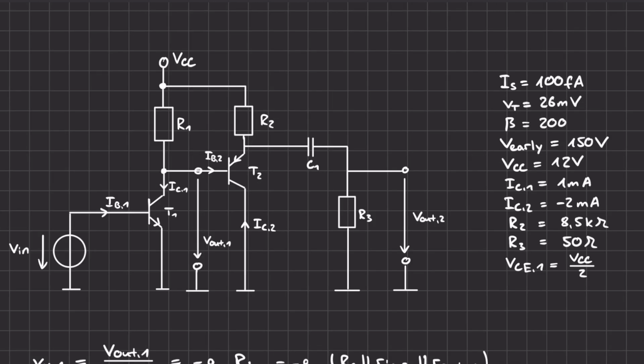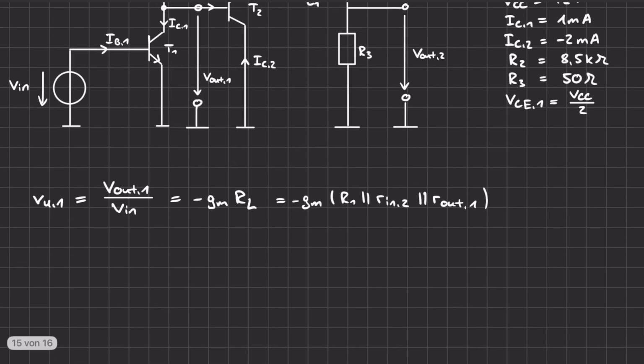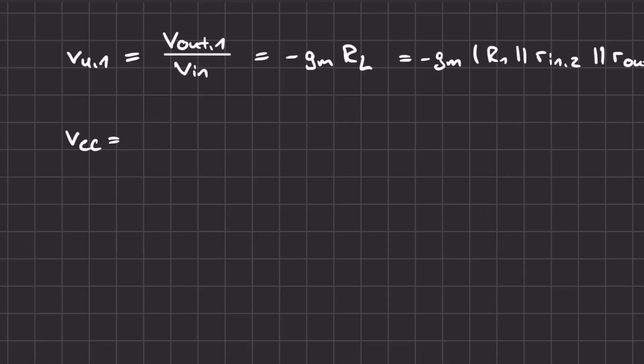If we assume for the operating point that the collector emitter voltage is half of the supply voltage, then we can go a loop from the supply voltage over the resistor 1, over the transistor 1, back to ground. And we will basically get this equation.